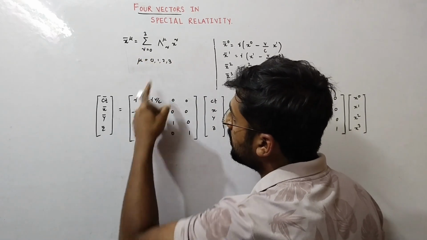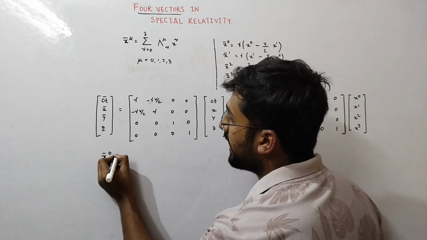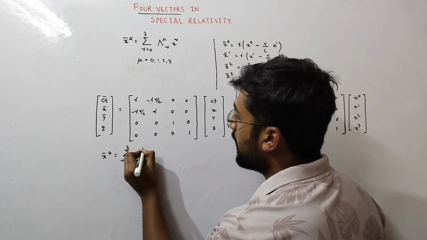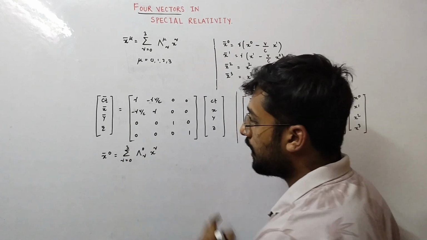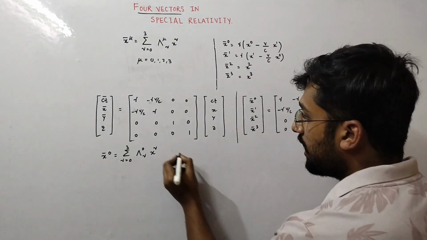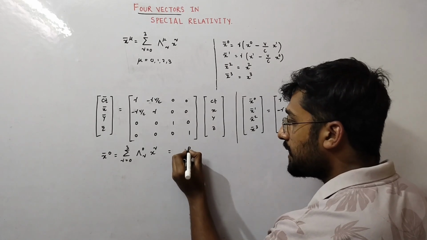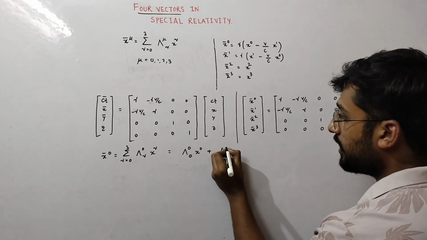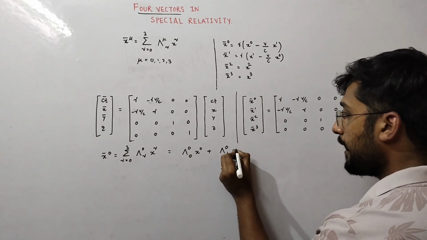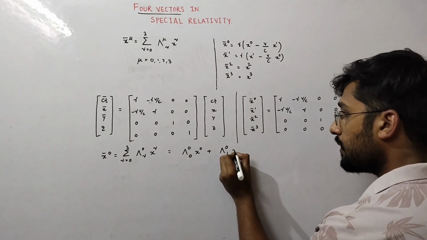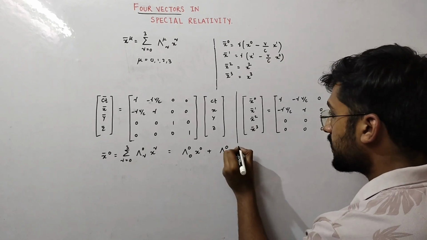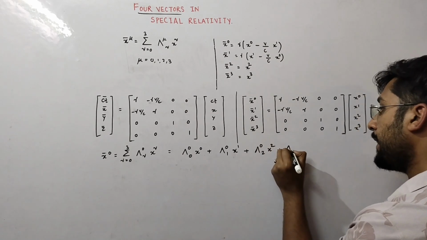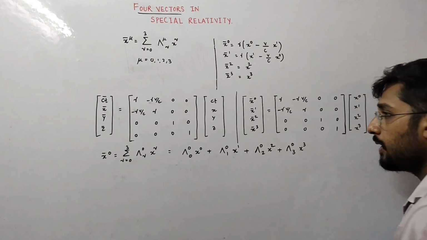So if I take the 0th component, what should I get? X0 bar, summation nu 0 to 3, lambda 0 nu x nu. I'll write this as lambda 0 0 x0 plus, as this is summation, the next term will be lambda 0 1 x1, plus lambda 0 2 x2 and lambda 0 3 x3, right?